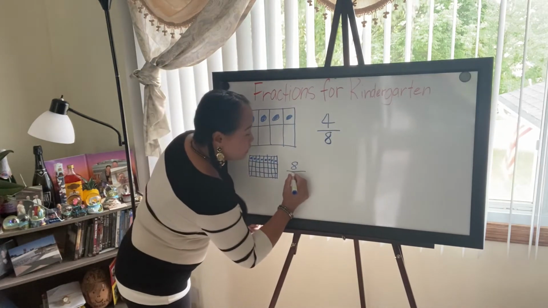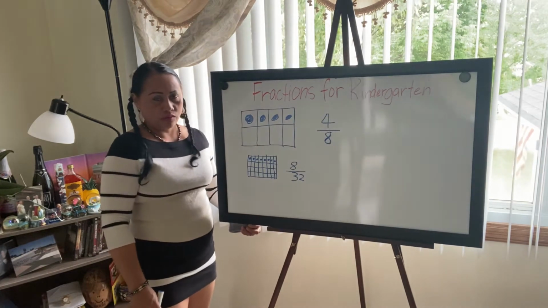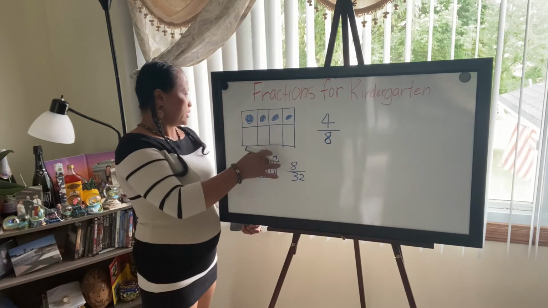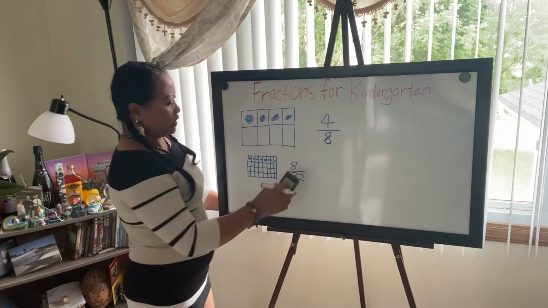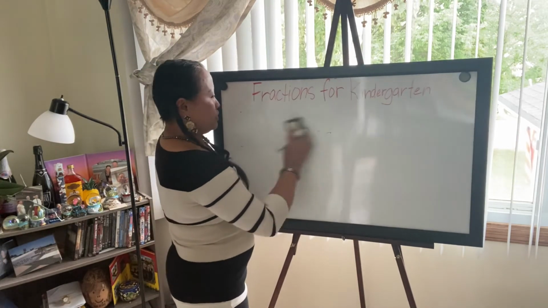So 8 over 32. That is how to write a fraction. Okay? We will not simplify first because I'm teaching you how to write the fraction. We will not reduce.